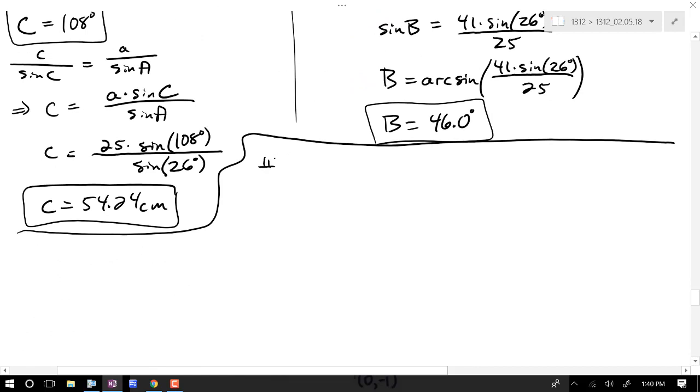So this one has an obtuse angle B. Here's the 26 degrees given, the 41 centimeters given.